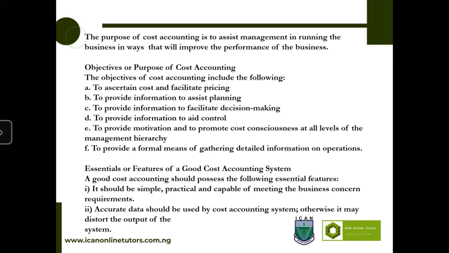Cost accounting is used for planning. Cost accounting is used for controlling. Cost accounting assists the management in making decisions. Cost accounting is used to control cost. Cost accounting is used for cost reduction. Cost accounting is used to determine the value of inventory. Cost accounting is used to compare the actual cost with the budgeted cost. Cost accounting is used for profitability purposes.